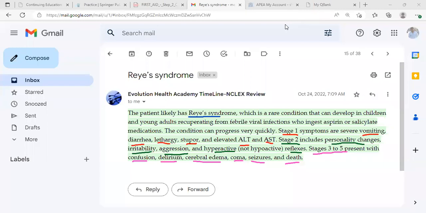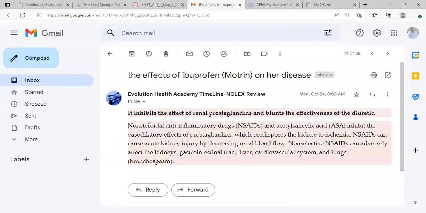So what next? Next here, the effect of ibuprofen. It inhibits the effect of renal prostaglandin and blunts the effectiveness of diuretics.